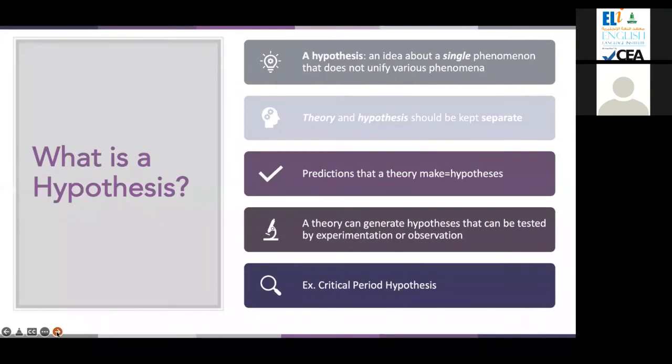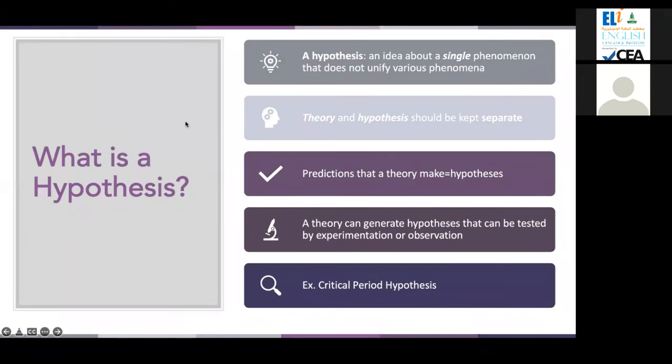Another important term is hypothesis. Now, I'm going to ask you the question again. Do you know the difference between theory and hypothesis? Yes or no, please, in the chat box. Theory and hypothesis? Perfect. So most of you said yes. And indeed, theory and hypothesis are totally different.